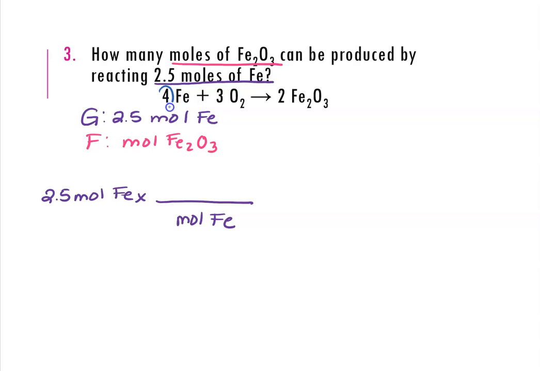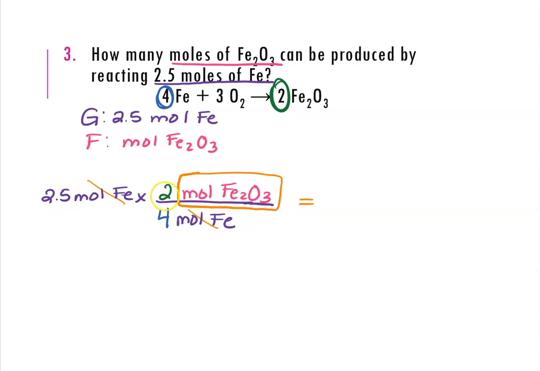And then I look here at my equation, and I see that there is a 4 in front of the Fe. I'm converting into moles of Fe2O3, so that's going to go on top, and I see here that the coefficient in front of the Fe2O3 is a 2, so that's what I put there. So moles of Fe cancel with moles of Fe, and I'm left with moles of Fe2O3.